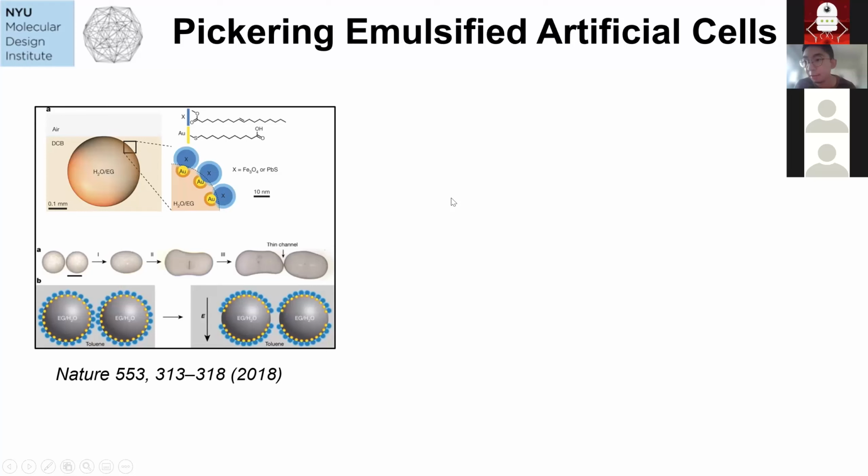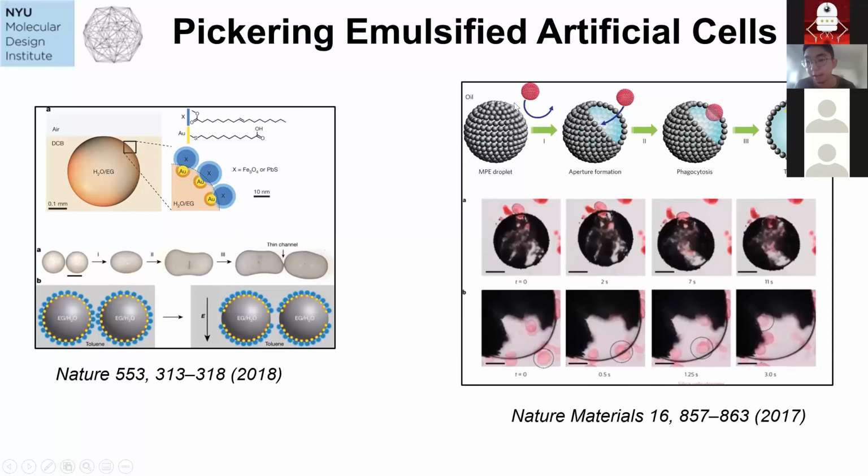The other example is similar, where they utilize magnetic particles to open up an aperture to do artificial phagocytosis. But both methods are limited in the way that you can only produce polydisperse droplets. Droplets are pretty big. And in order to manipulate the droplets, you can only do that one by one. There's no global stimuli you can use to do the functional work for all of the droplets.